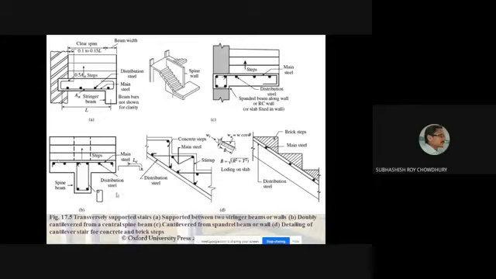As a result, there will be two effects. First, this moment will be more, as you are considering the live load here, but this moment will be less. You should consider that effect over this slab, and also the torsional moment caused by this unequal load acting over two sides of the beam.